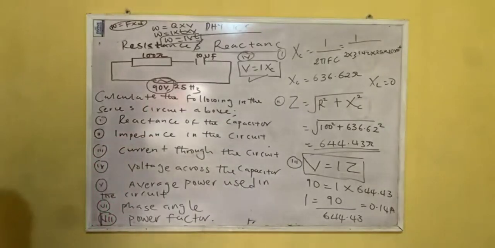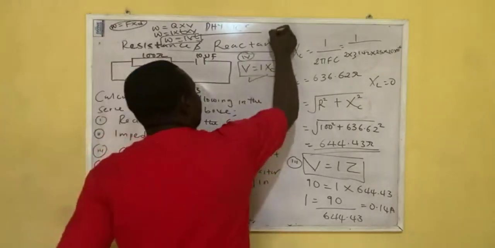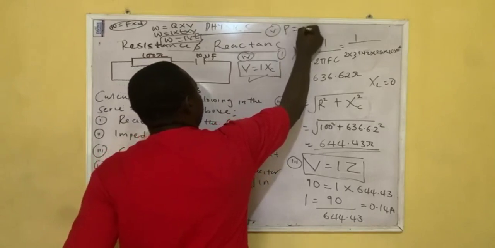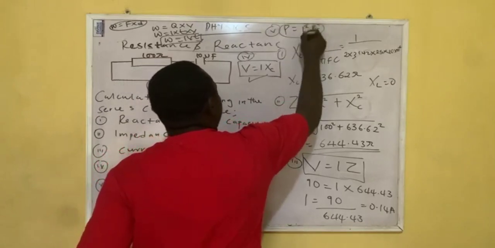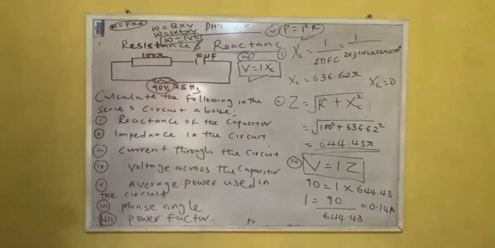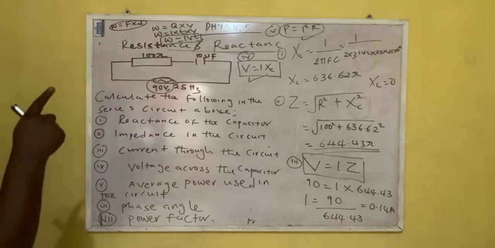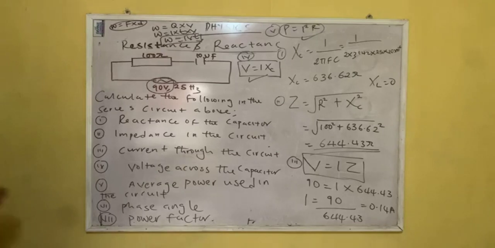Number 5, the average power used in the circuit. We know our resistance, and we know our current. That one is straightforward. And then our phase angle. Do you remember what I said about the phase angle?